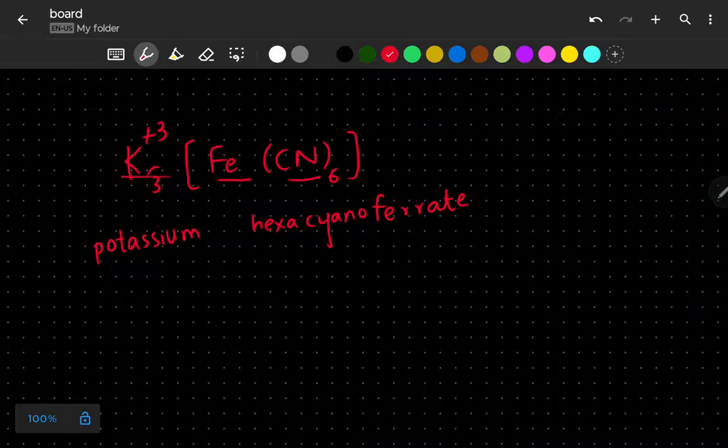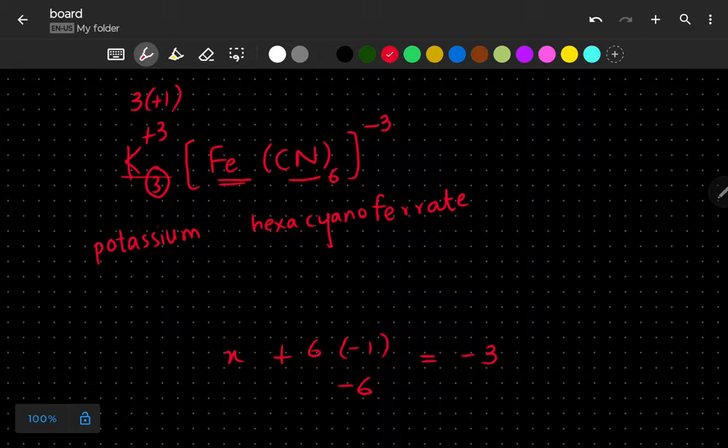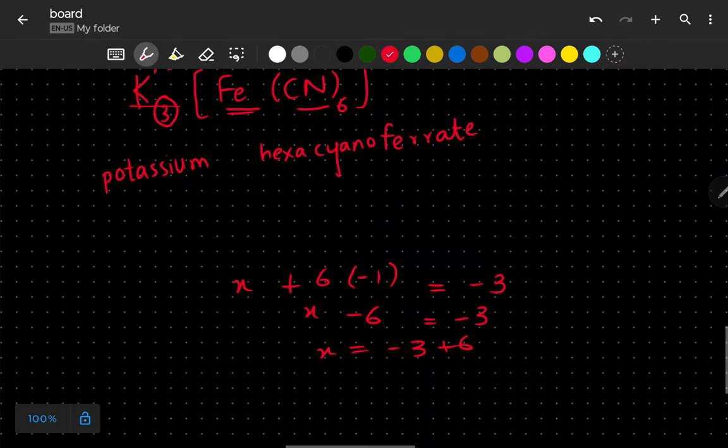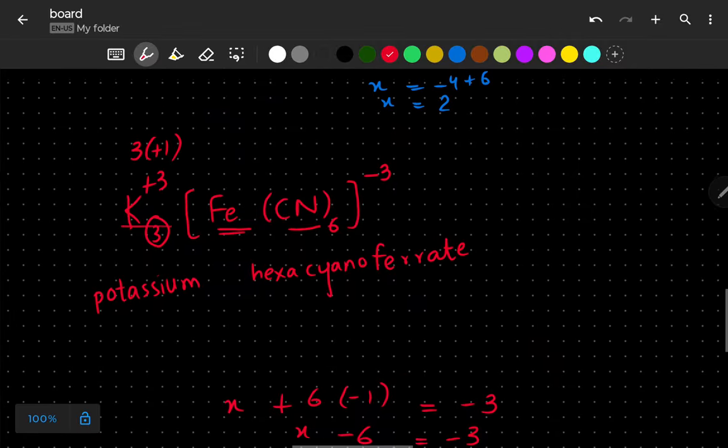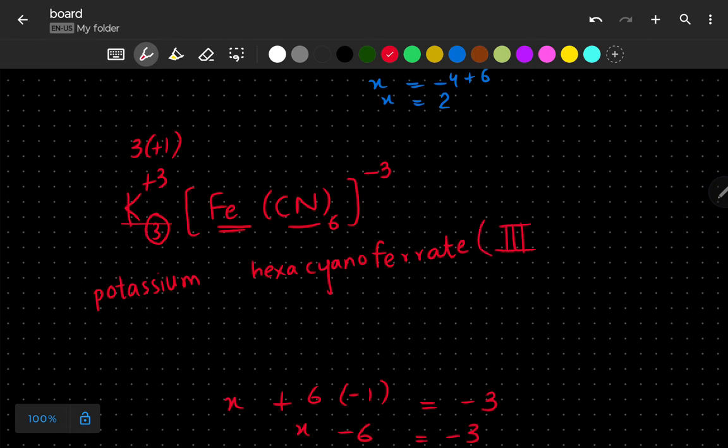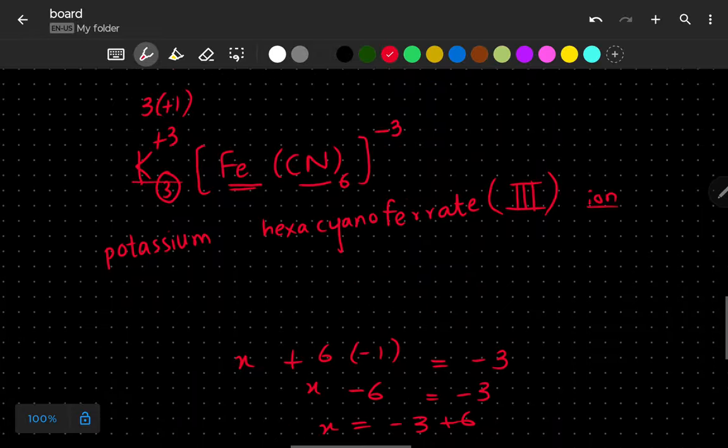If this is +3, it means 3 times +1, since for potassium the oxidation state is +1. Then this whole complex is -3, equal to Fe plus 6 times -1 for cyano. So X is equal to 3. Just write 3 over here. So the name of this compound is potassium hexacyanoferrate(III) ion. It is your choice whether you write ion here or not.